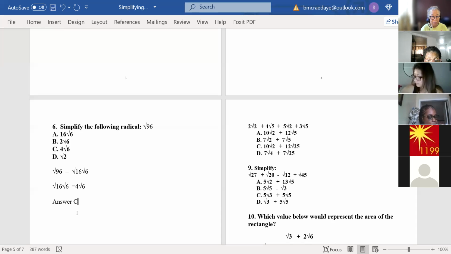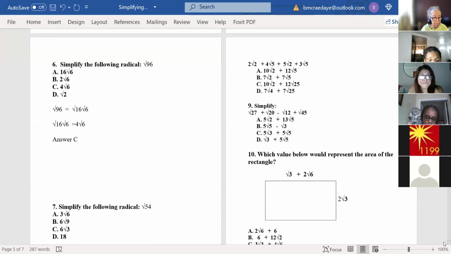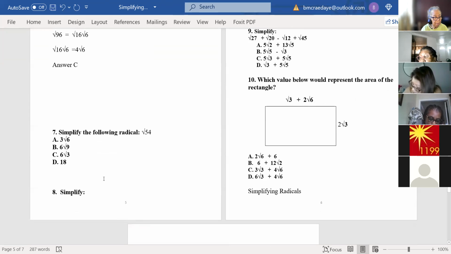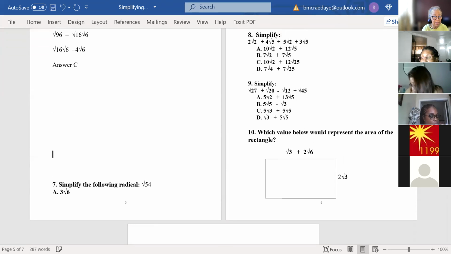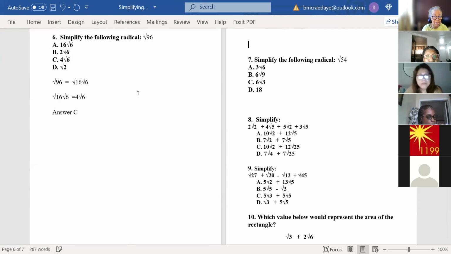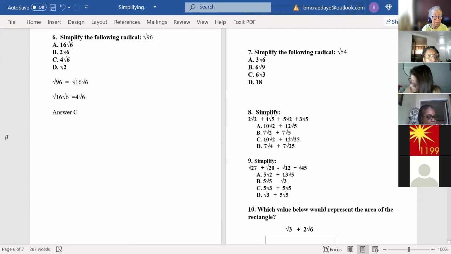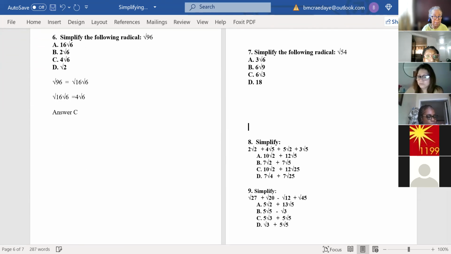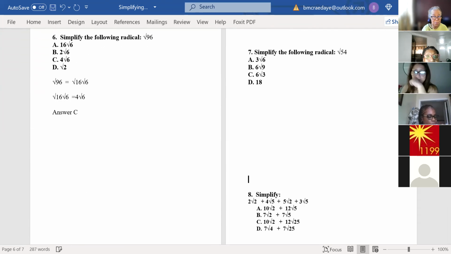Okay, Maureen, number 7. Let me put it on the next page. Number 7, Maureen. The square root of 54. What two numbers multiply to give you 54? 6 and 9.